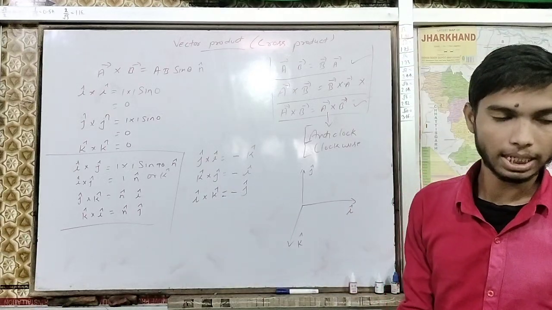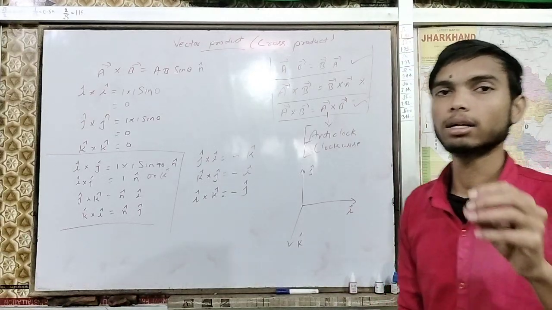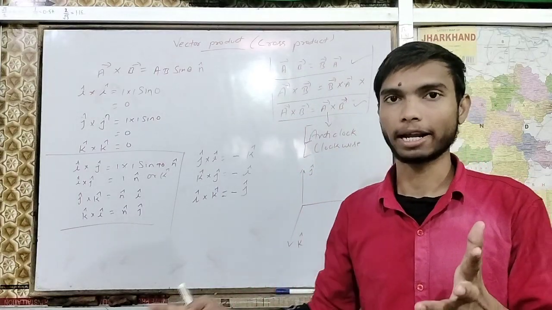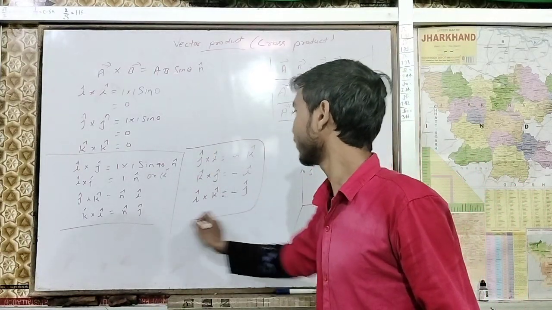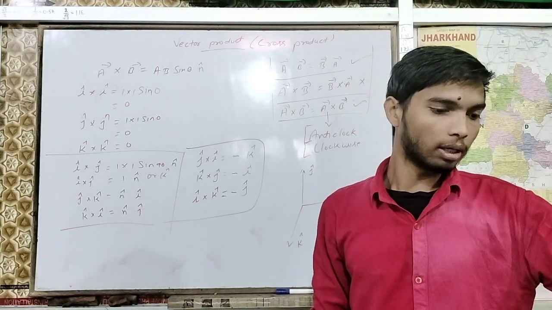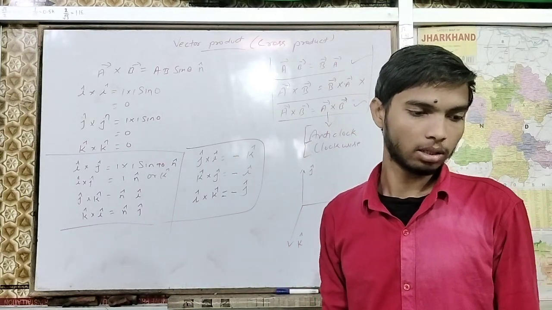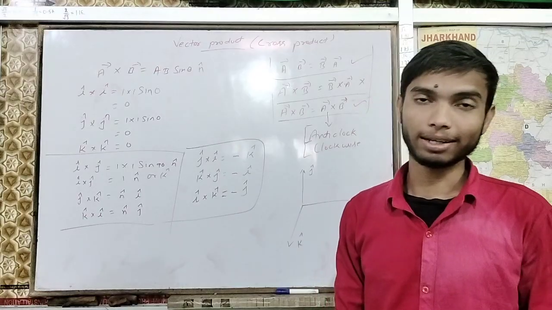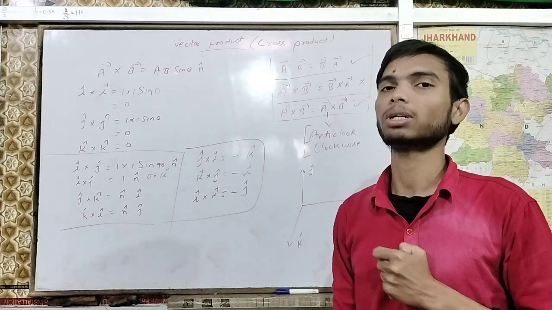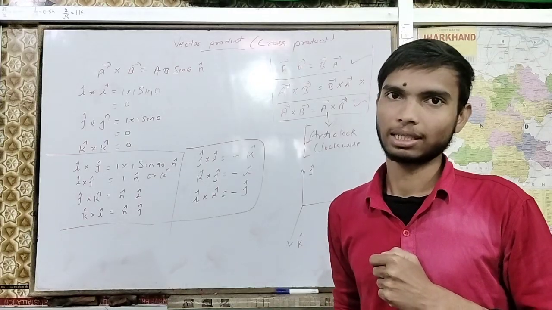This is happening because the angle is 90 degrees, and it's all about the direction and angle. When you are in vectors, it will depend on direction and angle. But if you are in scalar, you can ignore direction.